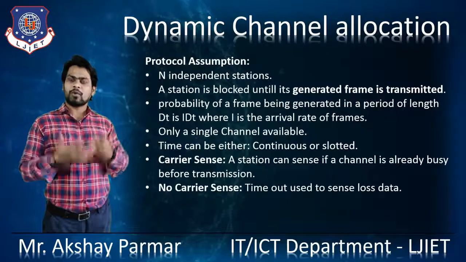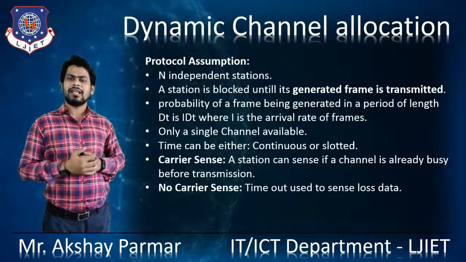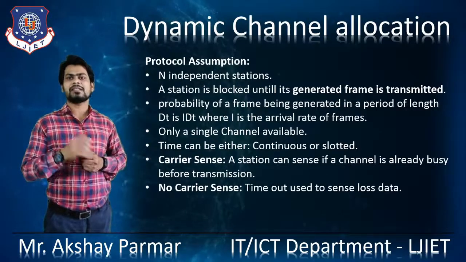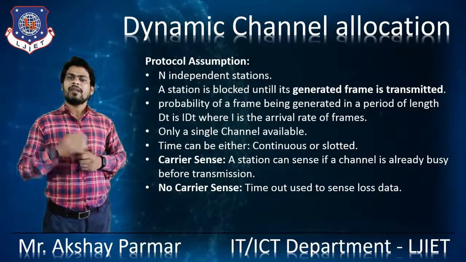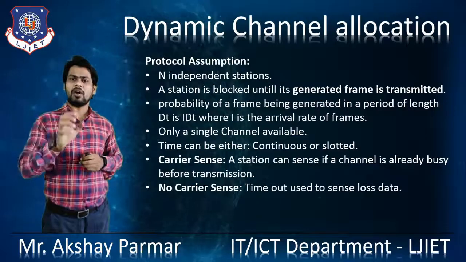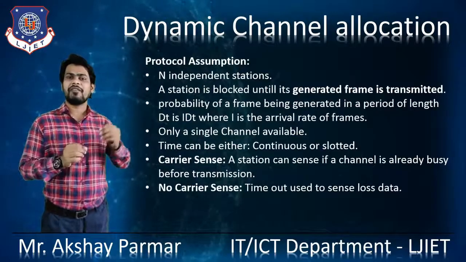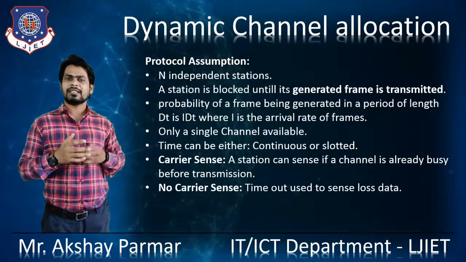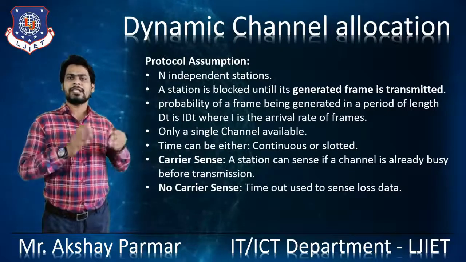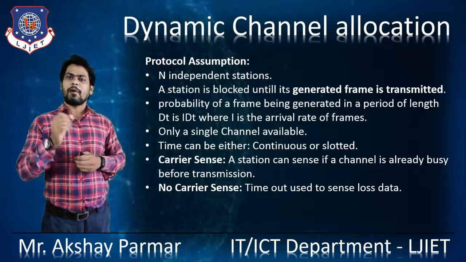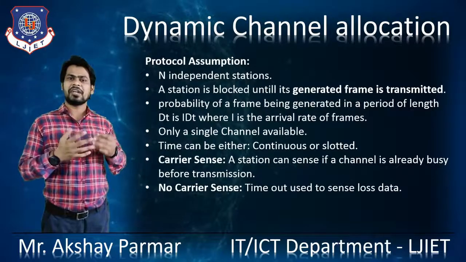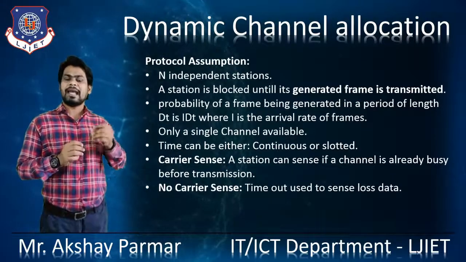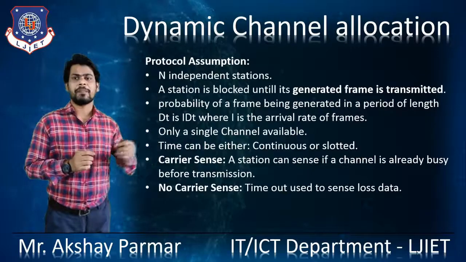After that, the protocol assumption: what do we need to assume about the protocol? There are n independent stations. Any station is blocked until its generated frame is transmitted; while it is transmitting its frame, that station is blocked. The probability of a frame being generated in a period of length dt is λdt, where λ is the arrival rate of frames.